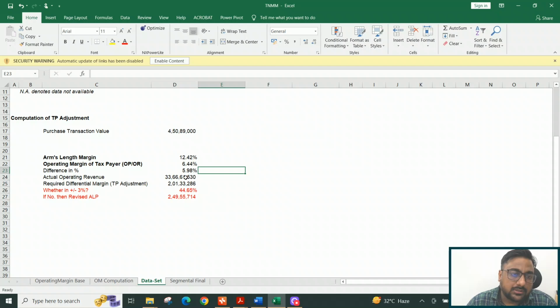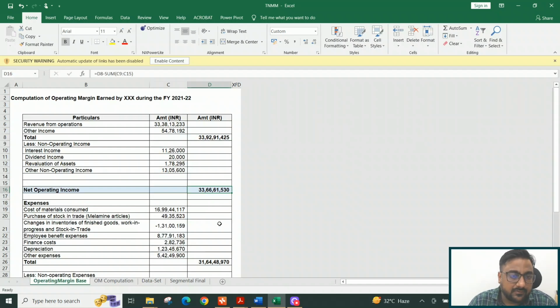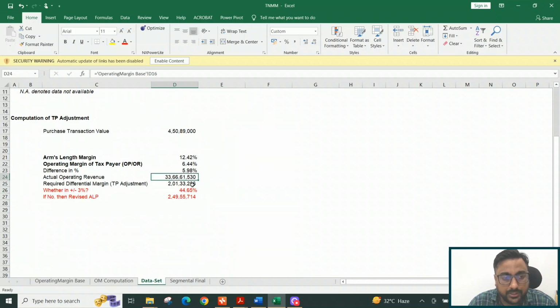Now the actual operating revenue of this entity, if we just go ahead, we can understand that the entire revenue was 33.66 crores, on which the differential margin will be computed. So the amount of adjustment that would be required would be around 2 crores.